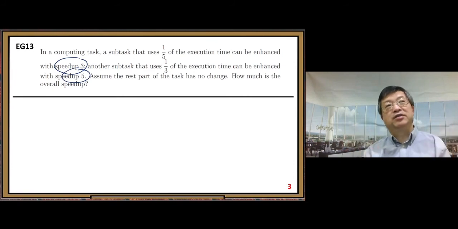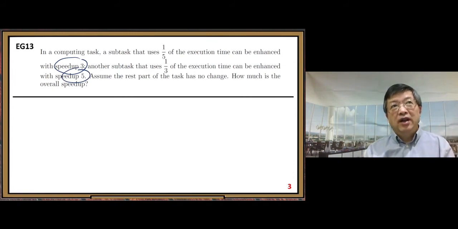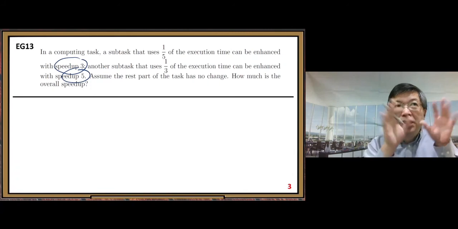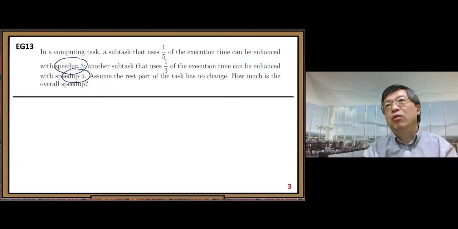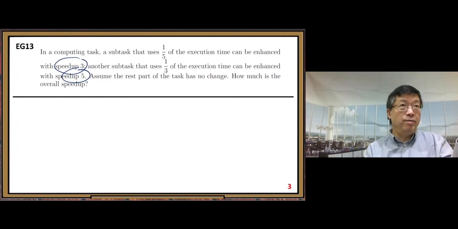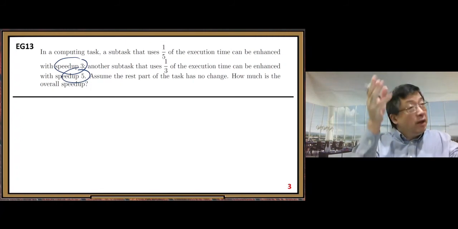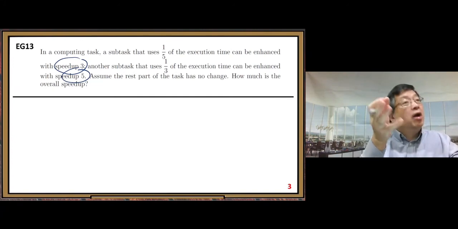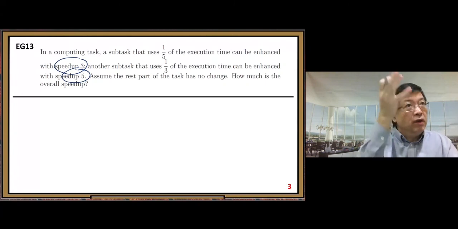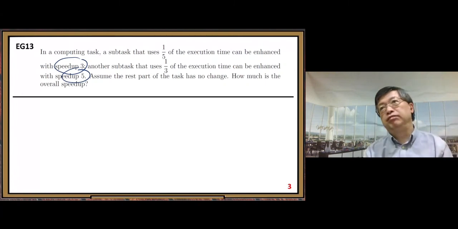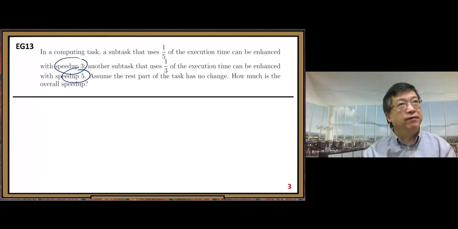So that's the difference: there are two parts that could be enhanced, not one part. Our formula is just for one part, but here we have two parts. They both can be enhanced, but with different local speedups, 3 and 5.